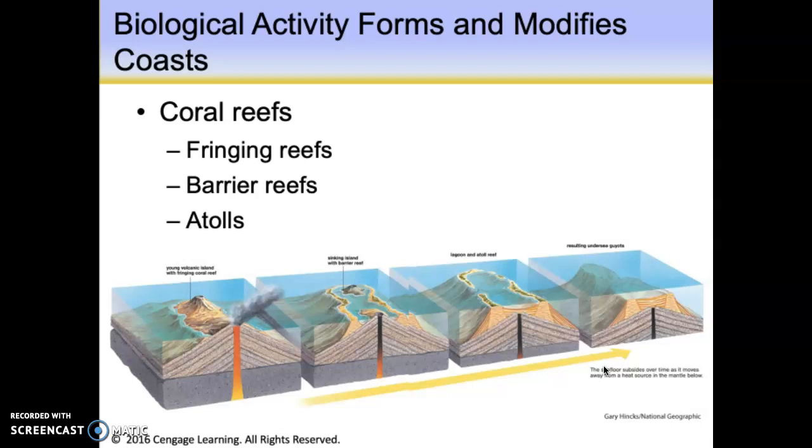If we look in the fossil record, we find that throughout the Earth's history, there have been a number of different organisms, mostly making their shells out of calcite or calcium carbonate, that have made a variety of different types of reefs in the ocean. And basically, they create their own coastline if they're active enough to rise above sea level.